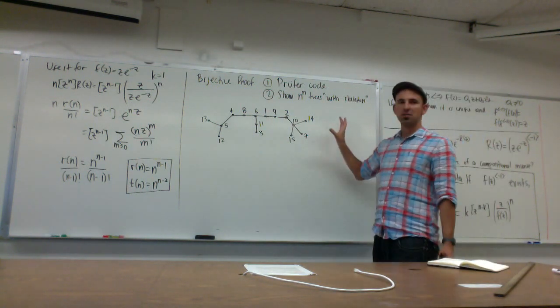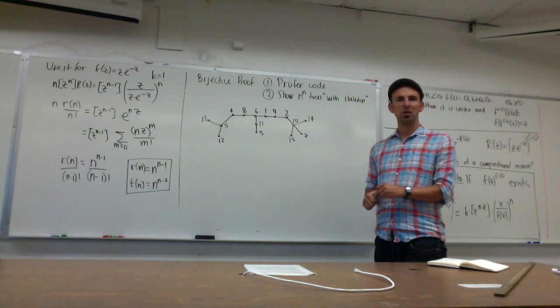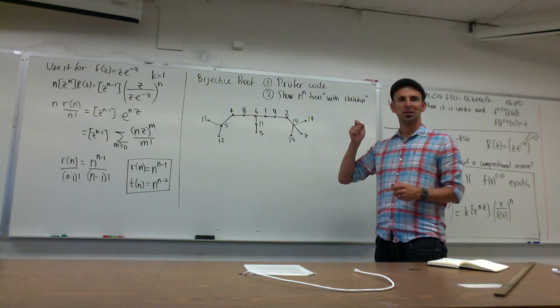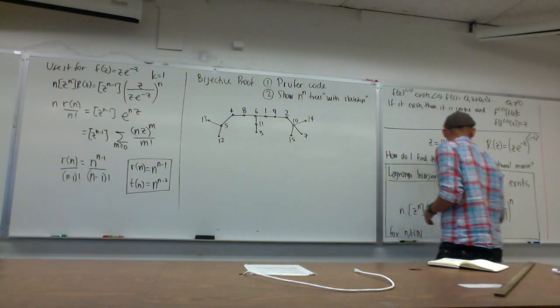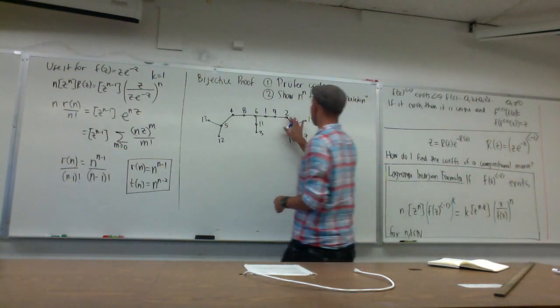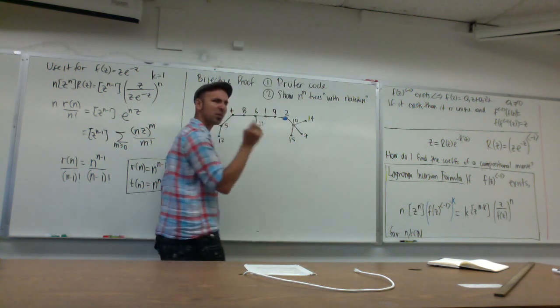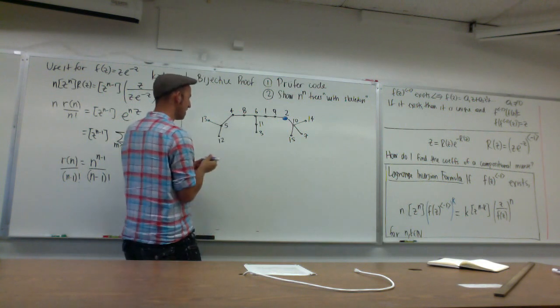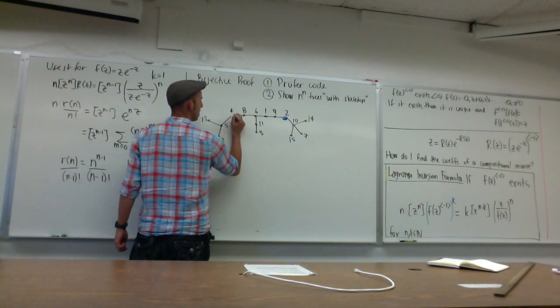And I want to prove that there's n to the n minus 2 of these things. And so what I'm going to do is impose a head and a tail, which maybe we'll use different colors for. So maybe I'm going to say that this is the top of the spine. And let's say that this is the bottom of the spine.